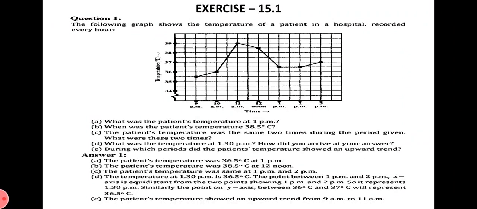Now the next question asked, what was the temperature at 1:30 p.m.? How did you arrive at your answer? Now first we have to find what is the temperature of the patient at 1:30 p.m. and we have to mention how we have calculated the temperature. So we have already seen that at 1 p.m. it is 36.5.